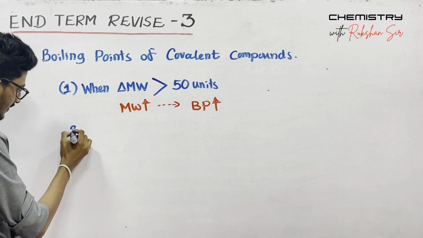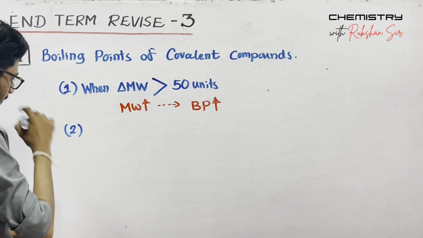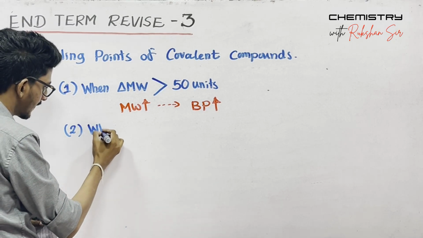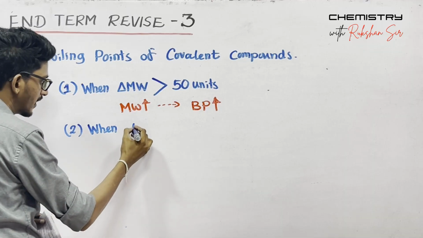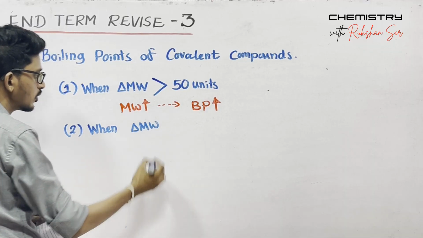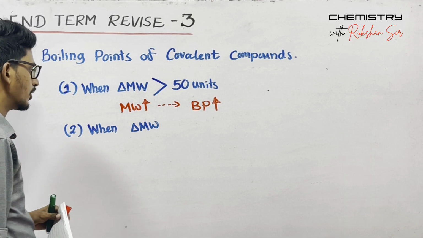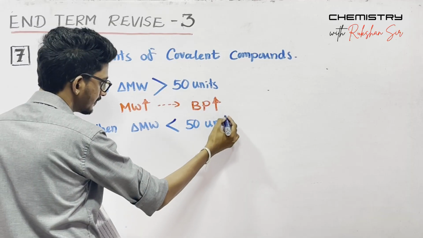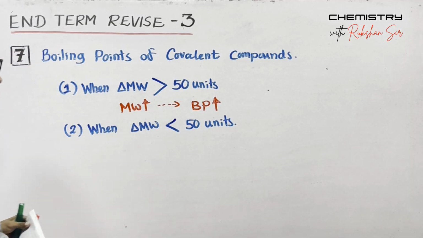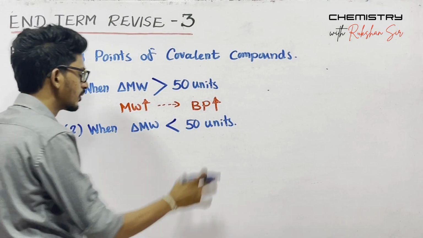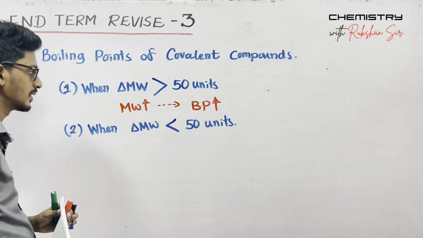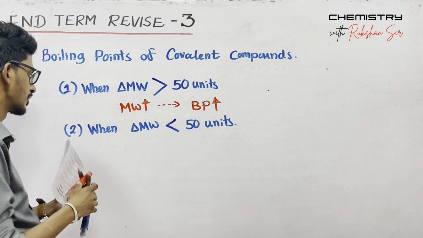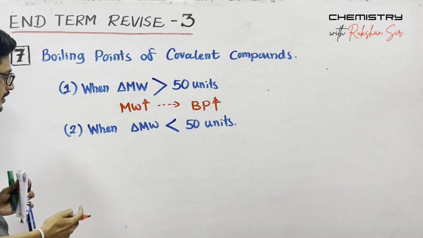The second thing is considered when the molecular weight difference of the two molecules is less than 50. Then we have to consider the strength of secondary interactions.